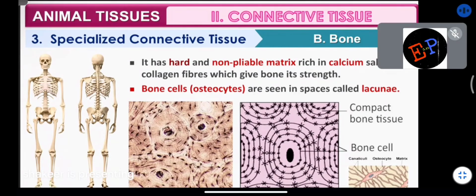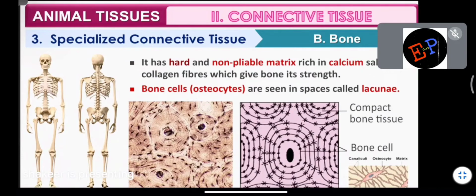You cannot bend it. It is not flexible. Are you able to bend bones? You cannot. Why? Because the matrix, the filling material between the cells of these bones, is not liable. That is the only difference between bone and cartilage. Cartilage is also uncompressible, bone is also uncompressible. But cartilage is bendable, bone is not bendable.